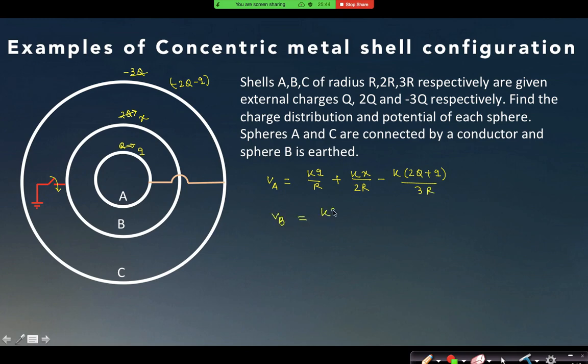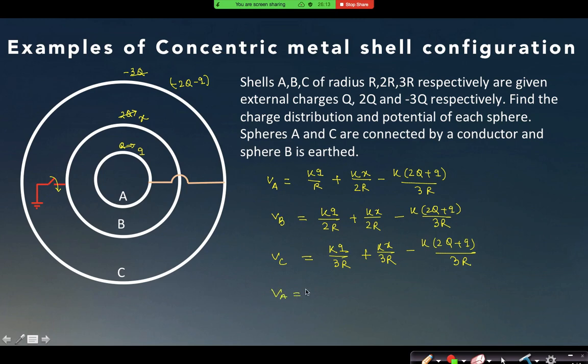I can say it is kq divided by 2R plus kX divided by 2R minus k into (2Q plus q) divided by 3R. And what is VC? That is equal to kq by 3R plus kX by 3R minus k into (2Q plus q) by 3R. Right?